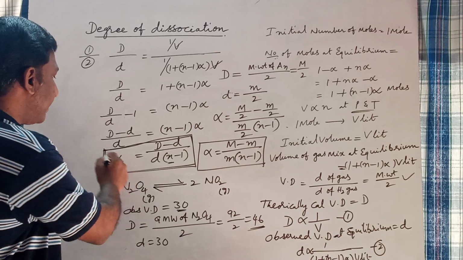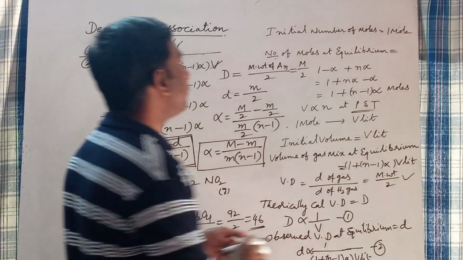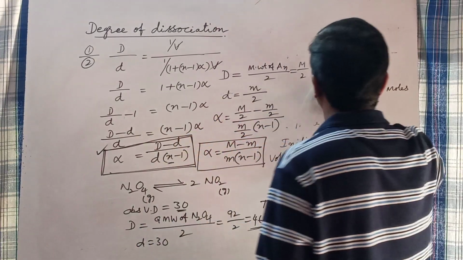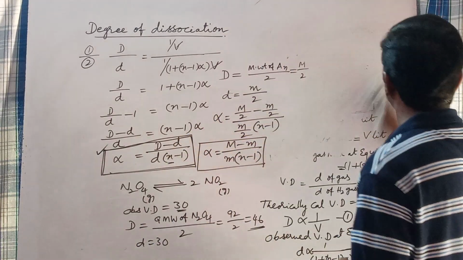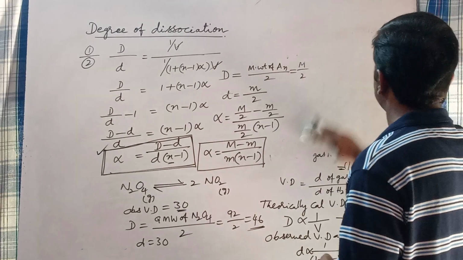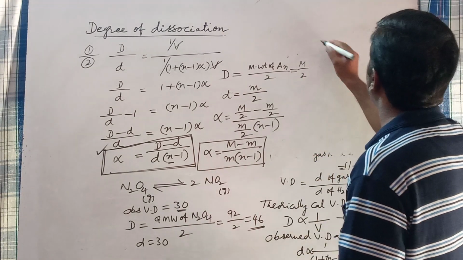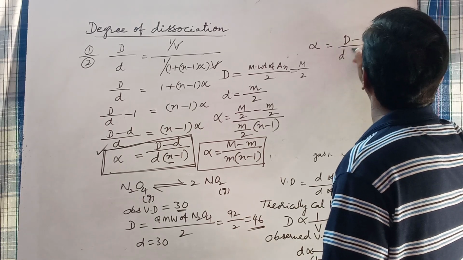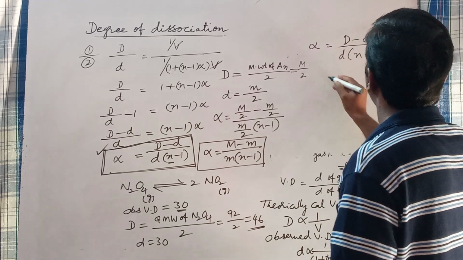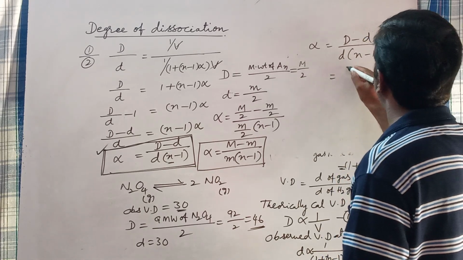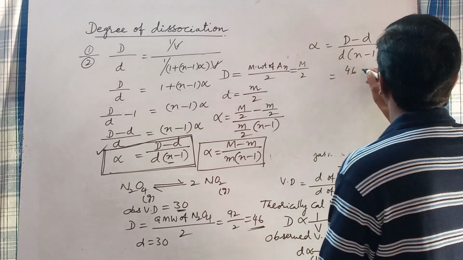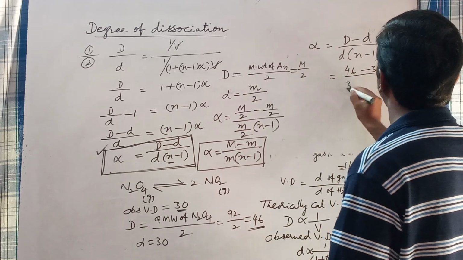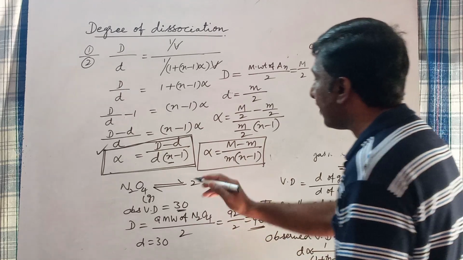By substituting in this equation, alpha equal to capital D minus small d by small d into n minus 1. Therefore, capital D value is 46, small d is 30, and small d 30 into, what is the n value for this?